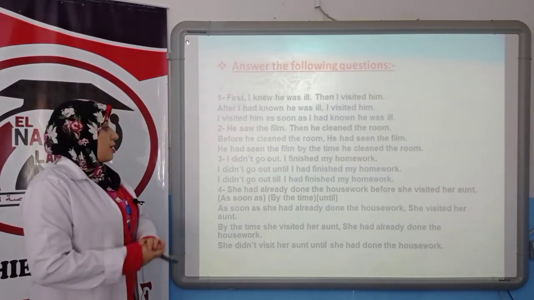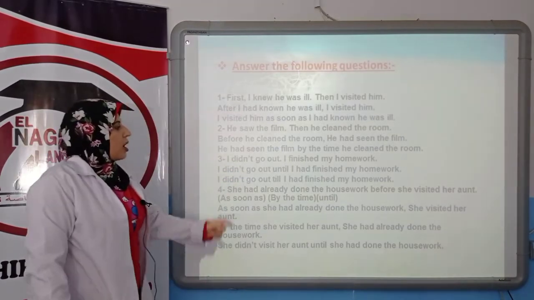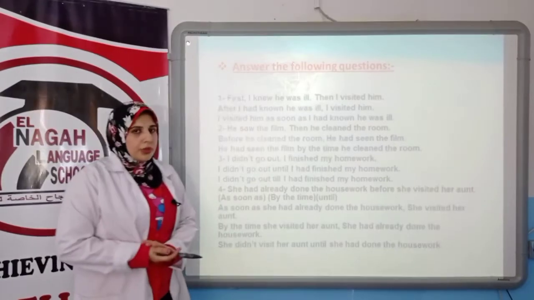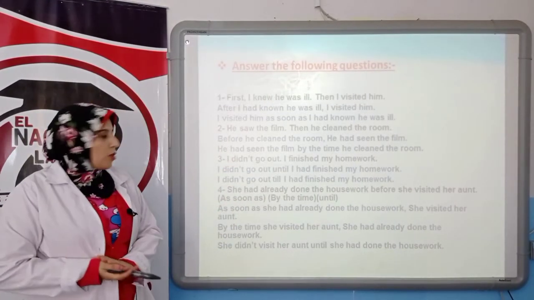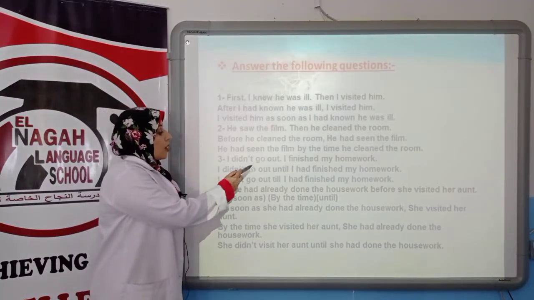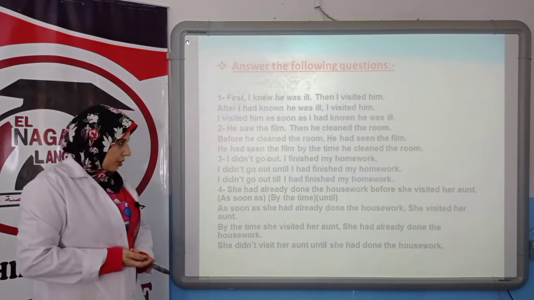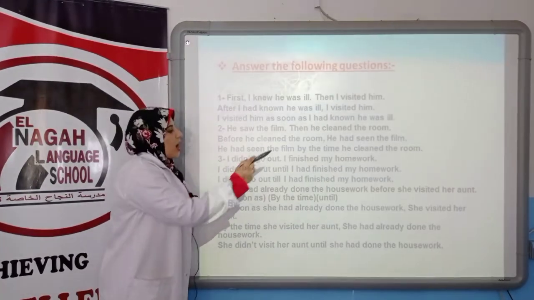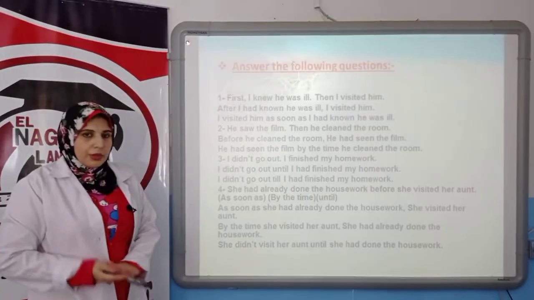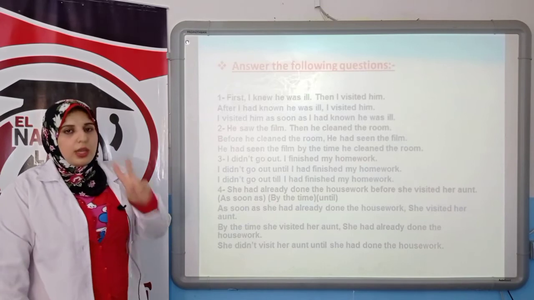The third question: I didn't go out, I finished my homework. Here I have past simple in the negative. I didn't go out until I had finished my homework. I didn't go out till I had finished my homework. Both are right because until and till are equal.